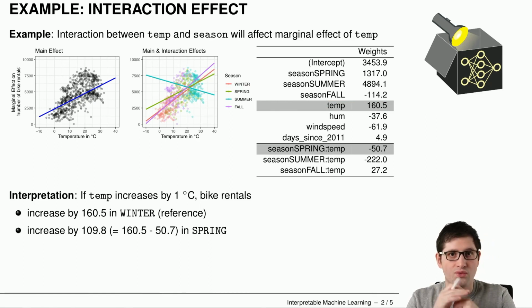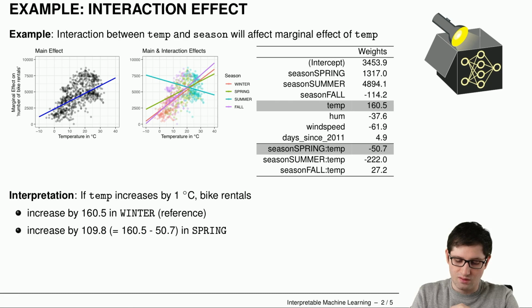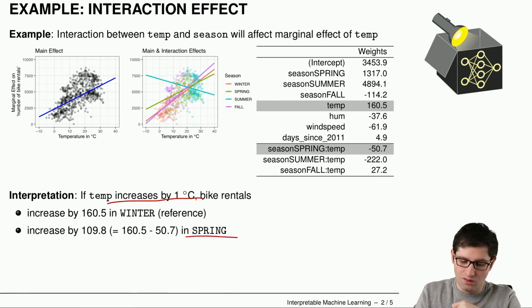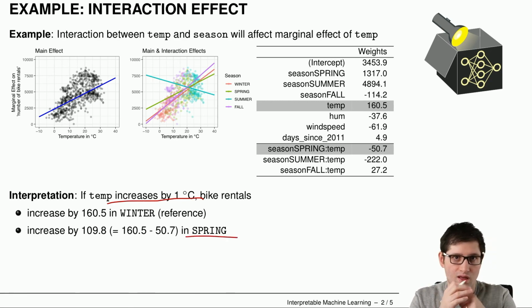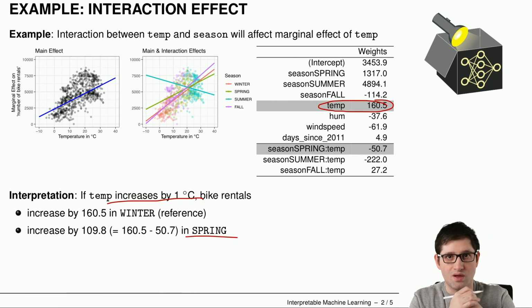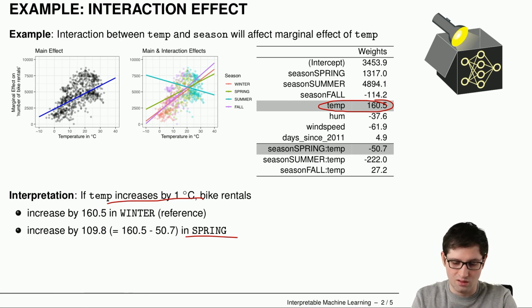So now if we increase the temperature by 1 unit and are now in spring instead of winter, we need to modify the original coefficient that was estimated only for the winter season, because we then have a different slope, as we can see in the graph here.